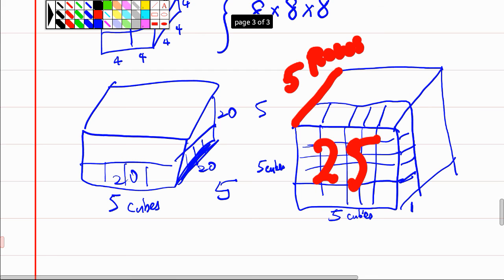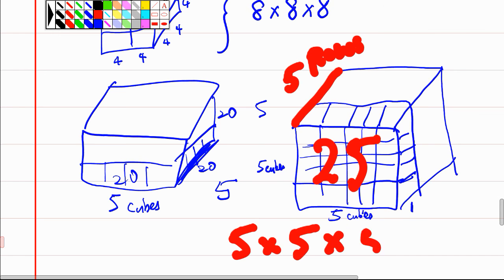So is it 5 times 5 times 5 or 5 times 5 times 4? Okay, understand my logic. There are 25 cubes here. How many rows do I have? 1, 2, 3, 4, 5. There are 5 rows, right? Correct. So the answer is 5 times 5 times 5. Does it make sense?